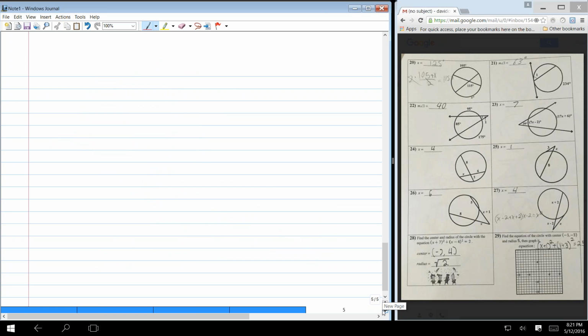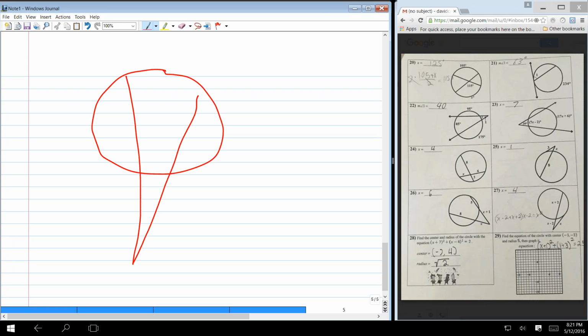Number 23 is also the same problem as 22. It's just that they make everything a function. We know this angle is 39 degrees. We know this arc is 7x minus 2 degrees.